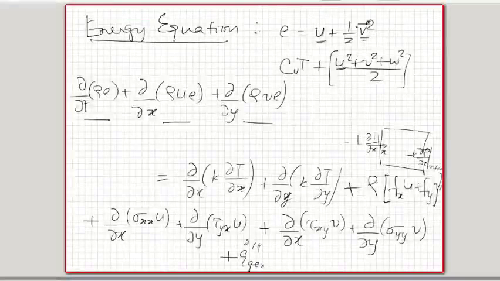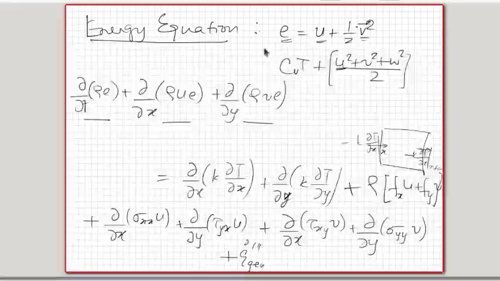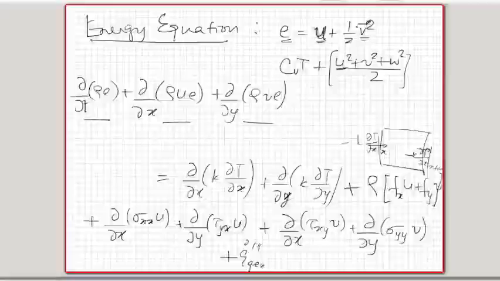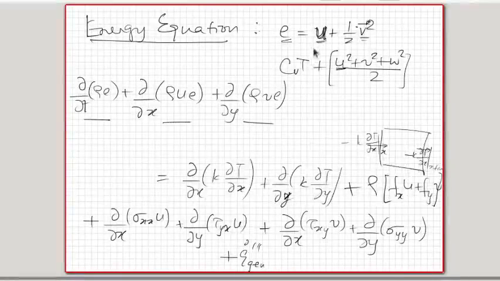So we said that the term E, which is the specific energy of the fluid, would be a sum of, we said this U has to be understood distinctly from the U, that is the x component of the velocity that we have been using.